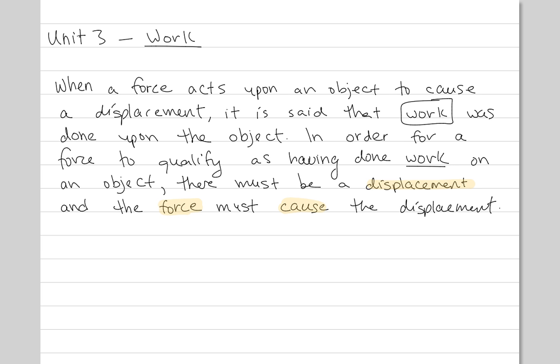Okay, so let's think of some examples and some non-examples. Anybody want to generate an example? Push a brick wall. Is that an example or a non-example?